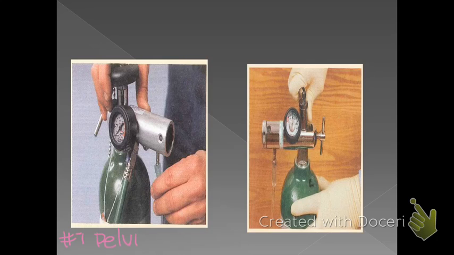So what we want to do is go ahead and attach the delivery device, and then after we've attached the delivery device, our next step in this process would be to turn on the pressure regulator to the desired liters per minute, and then allow air to flow through the delivery device before attaching it to our patients.